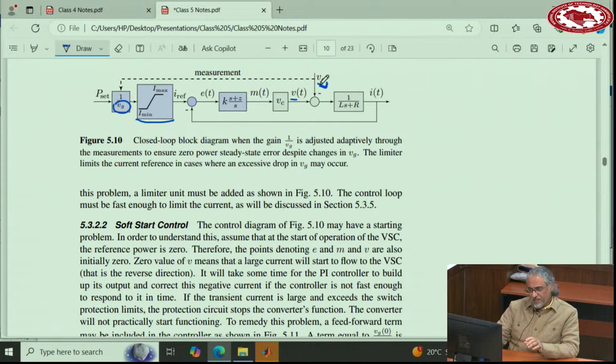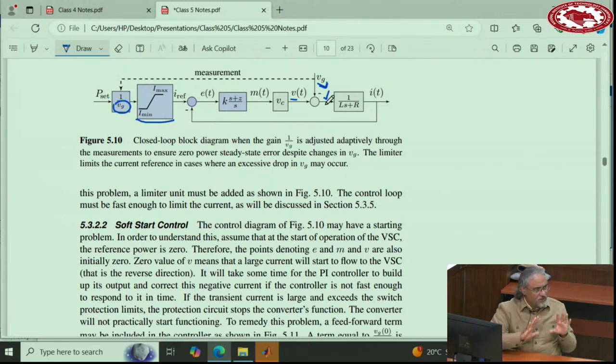So if you subtract these two, you will get a large negative number at the converter. So this is the voltage across the inductor. So across the inductor, at the beginning, when you start, you have a large negative voltage. And that means a large amount of current will rush through from the grid to the converter, if you just start at 0 without doing anything.